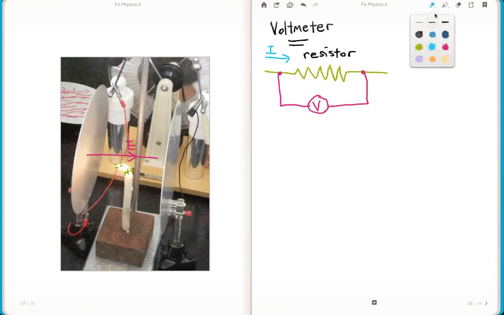In any diagram in the future, in any question, the voltmeter has to be parallel to your load, resistor, light bulb, etc.